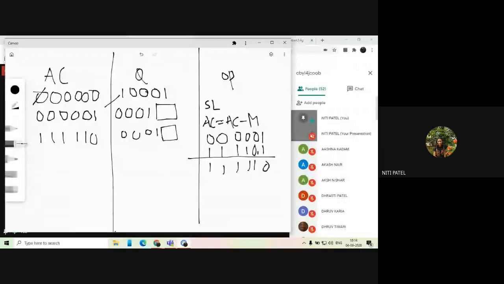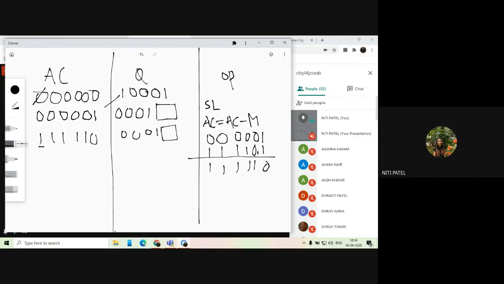Now what does the algorithm say? We have to decide the value of Q0. If the value of your AC is 1, you have to make the value of Q0 as 0. But after this, you also have to perform AC equals AC plus M. Then only the value of your original AC will be restored. But if the value of this AC is 0, you have to directly make the content of Q0 as 1 and do not restore the value of AC.